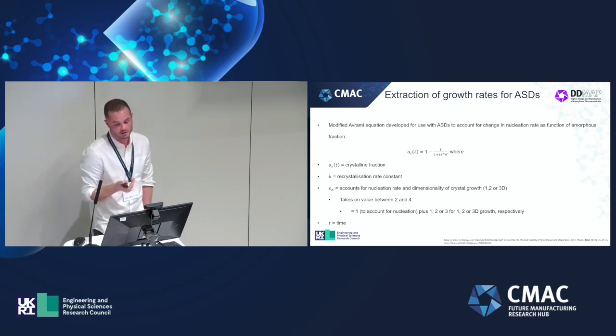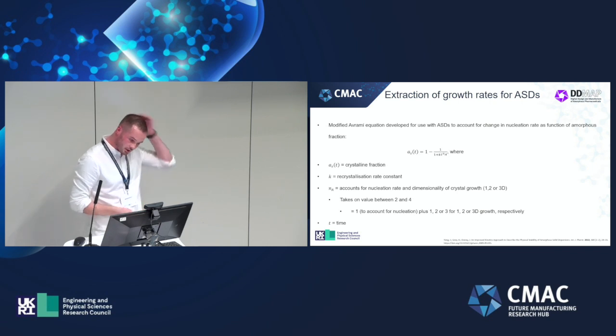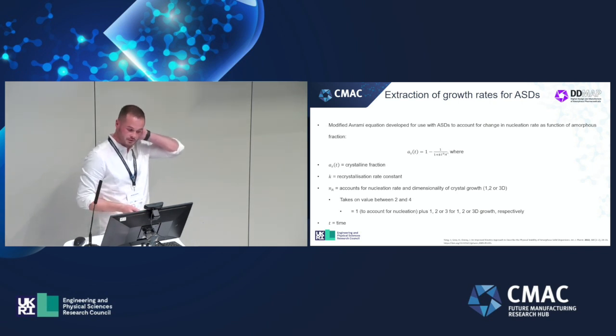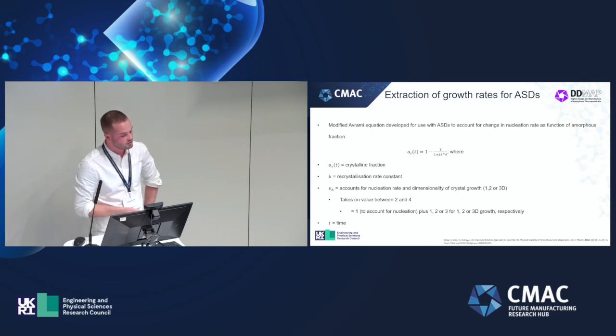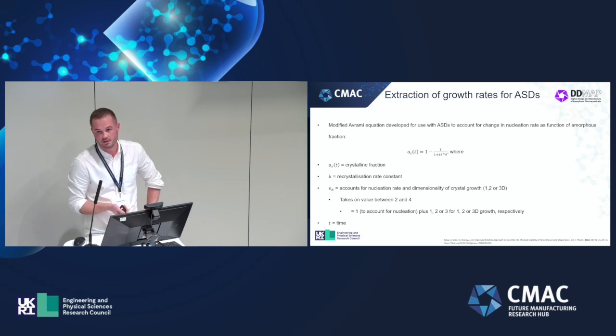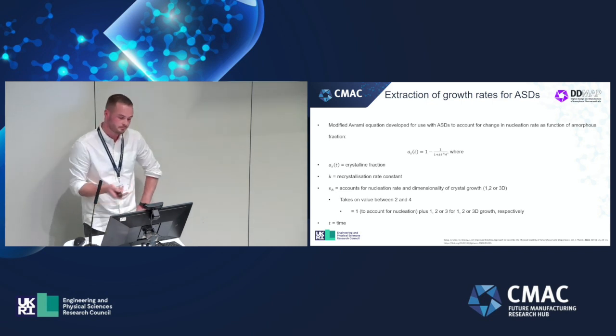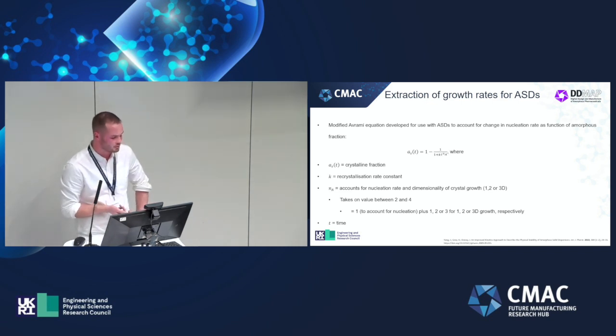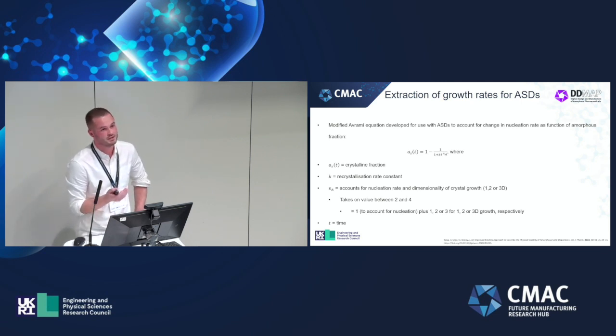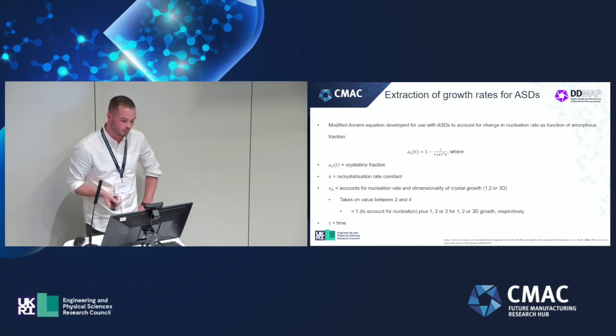It accounts for the change in nucleation rate as a function of time and amorphous fraction. So in the equation here, you've got crystalline fraction as a function of the recrystallization rate constant and the Avrami exponent, which accounts for dimensionality of crystal growth and nucleation, and which can take on a value between 2 and 4. That's an empirical fit. So whatever gives us the best fit, essentially, is what we're going with.